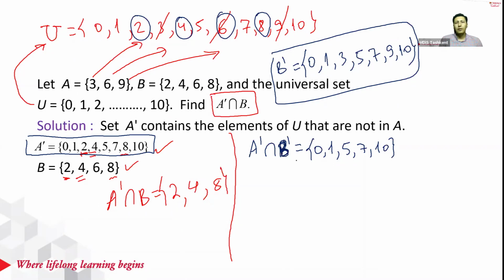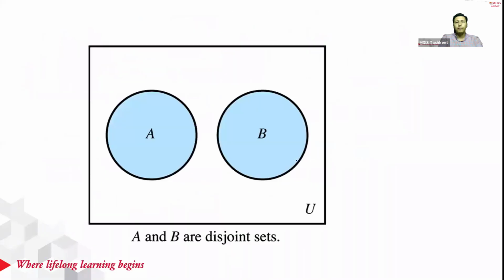Okay, understand what is complement, what is intersection? Next, A and B are disjoint sets. If the intersection is empty set, if they don't intersect, then we call them disjoint sets.